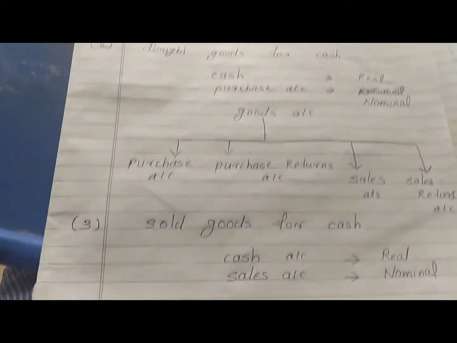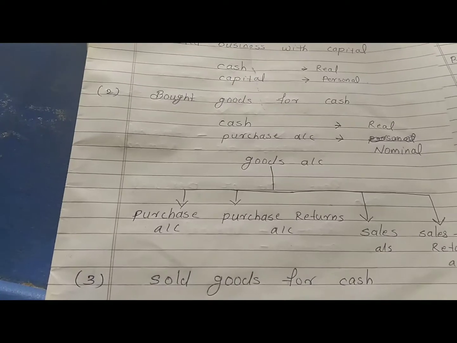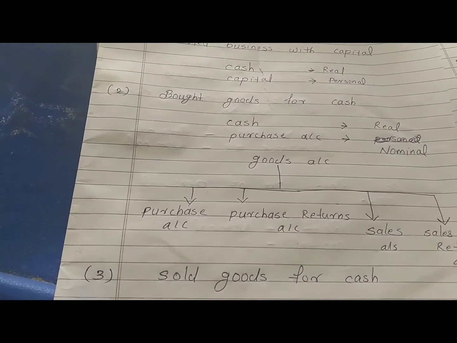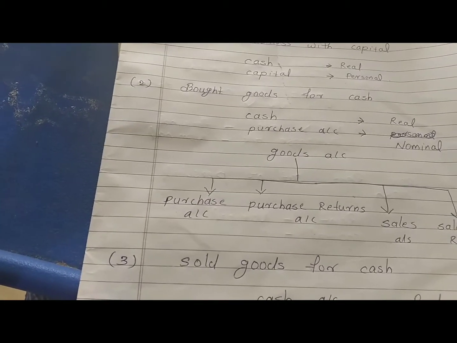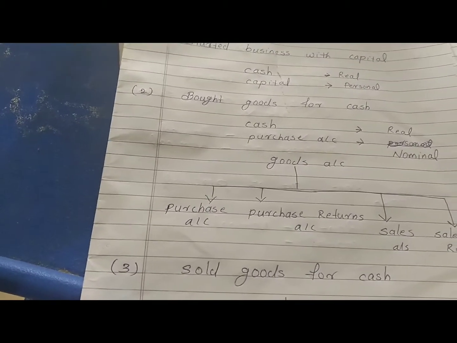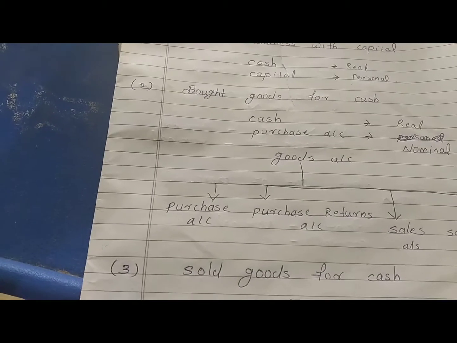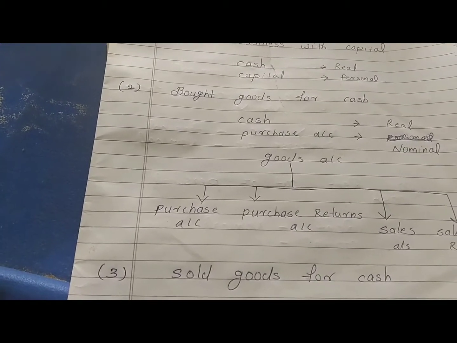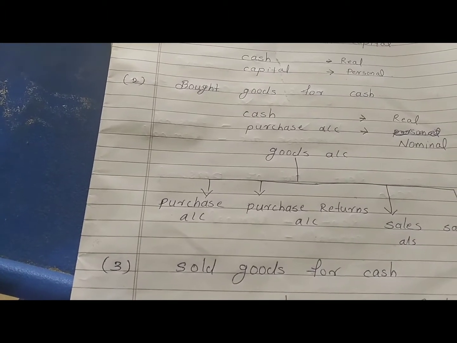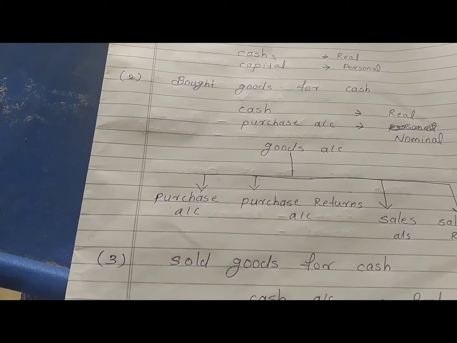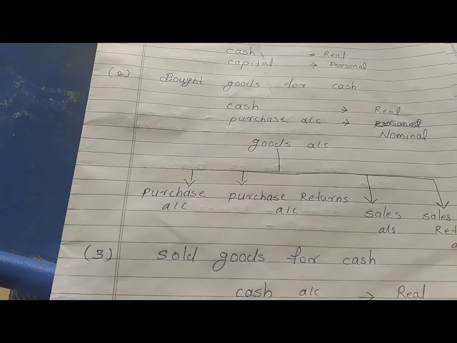Now the third one, sold goods for cash. I already told you, whenever goods is given, we need to know in which type of goods account it is, right? So we know that sold goods means sales account, right? So how many accounts are involved here?